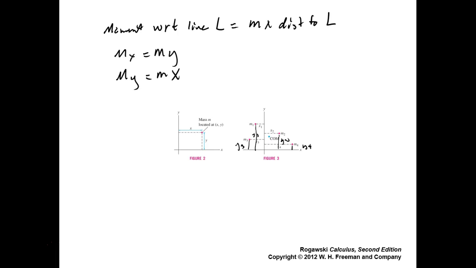Now, we don't know what the masses are. Obviously, I'm thinking they're about the same. These two distances are fairly small. This one and that one look almost to be the same. This one is much less than this one. So that pulls your center of mass with respect to the y-axis over onto this side.